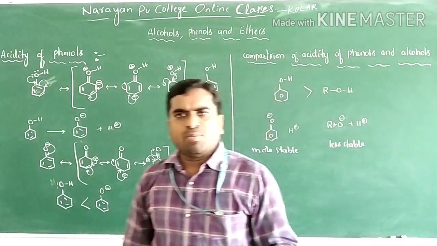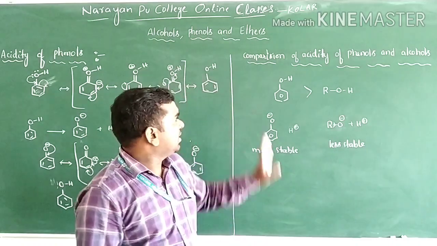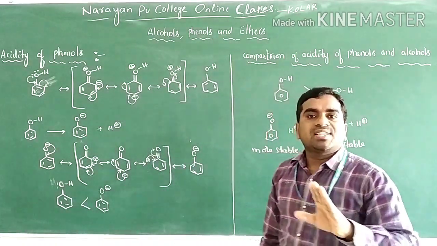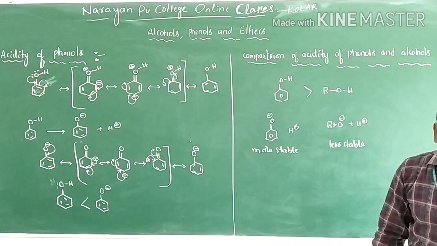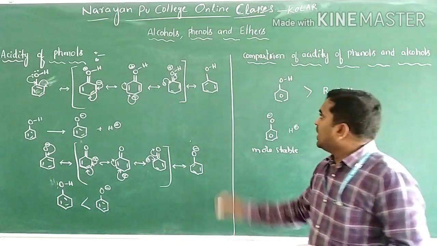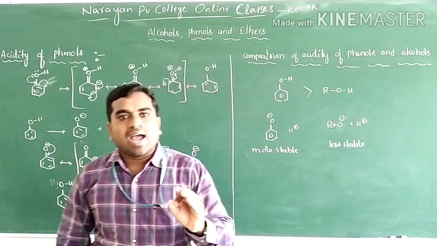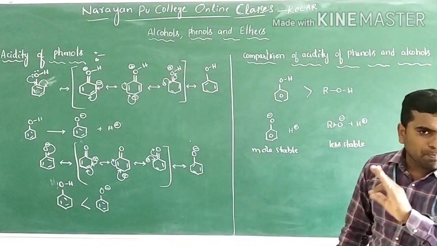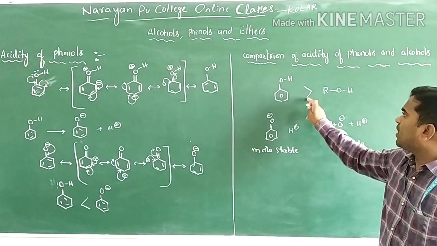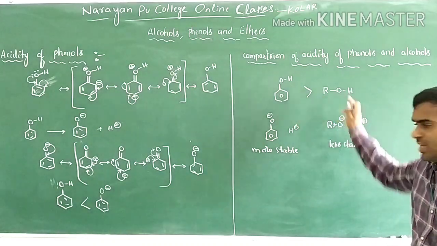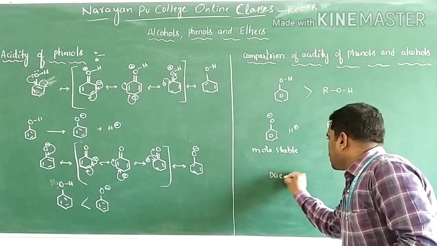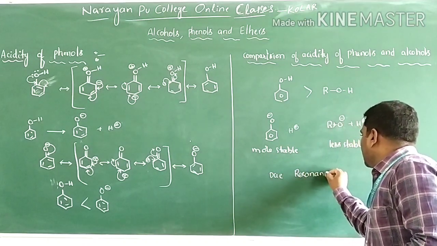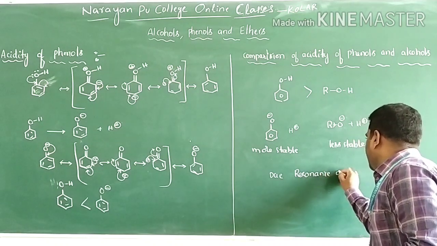Okay? In the PU examination, a simple question they will ask: why are phenols more acidic than alcohols? Clear? Because in phenol, the phenoxide ion is involved in the resonance. Simply one sentence you have to write: due to resonance in phenol.